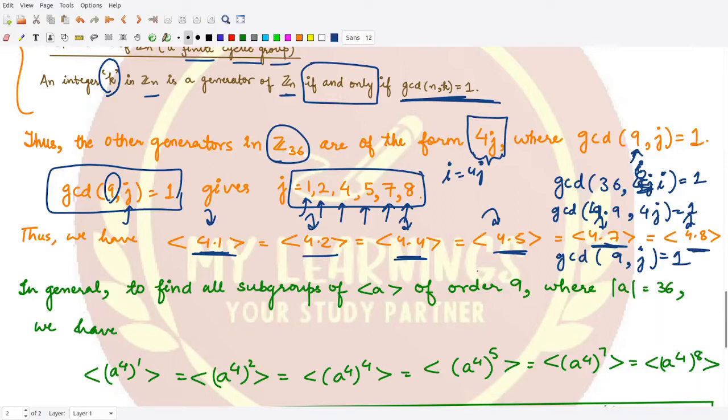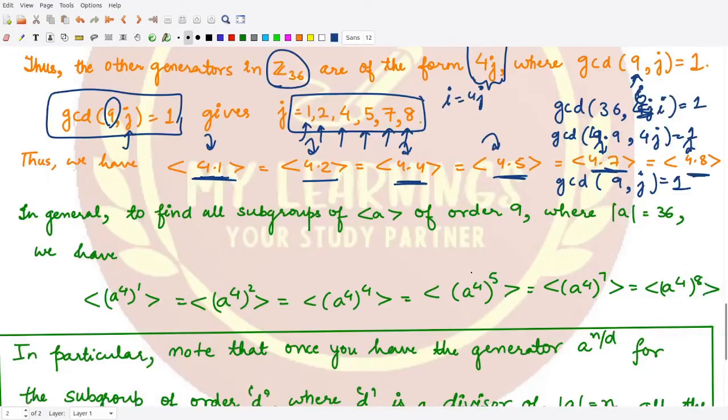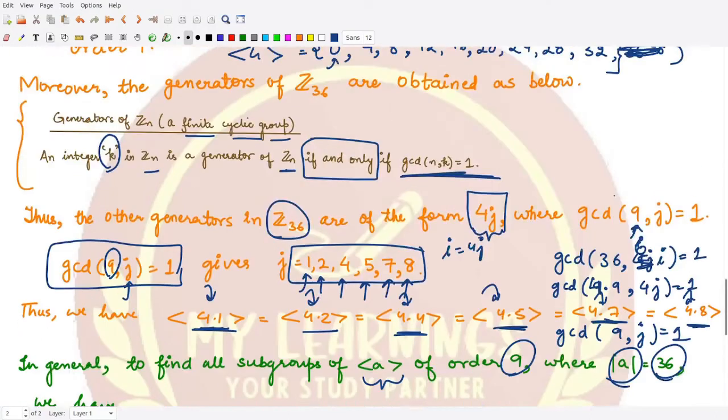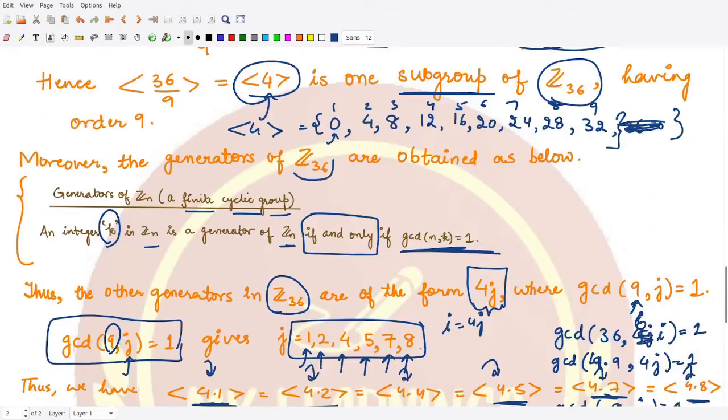In general, if we want to calculate all the generators of the subgroup of the group generated by a, where the order of the element itself is 36, we were talking about the group Z36.